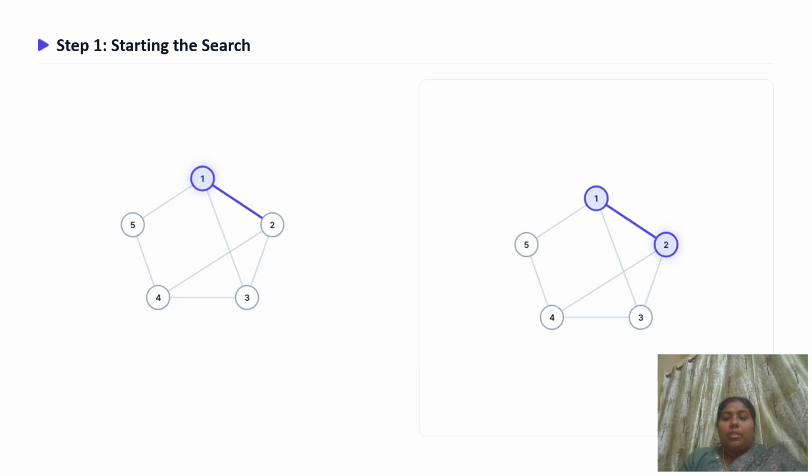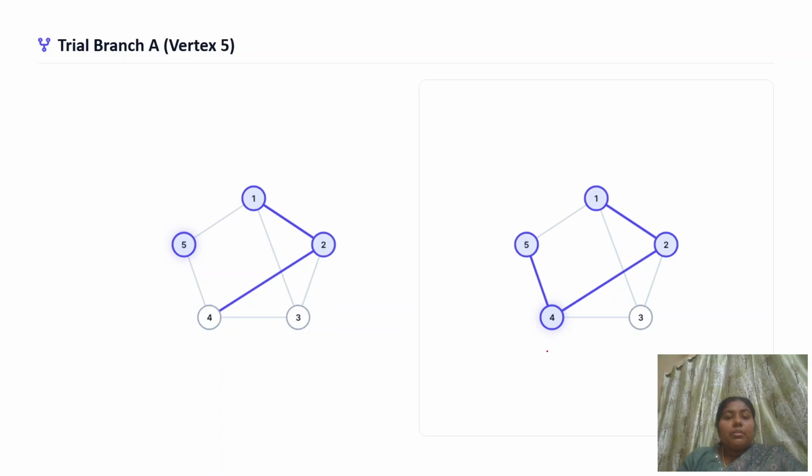I selected 2. What are the neighbor nodes of this one? 4 as well as 5. From 2, I am going to select the node 4. What are the neighboring vertices of 4? 5 as well as 3. In this case, I select 5.